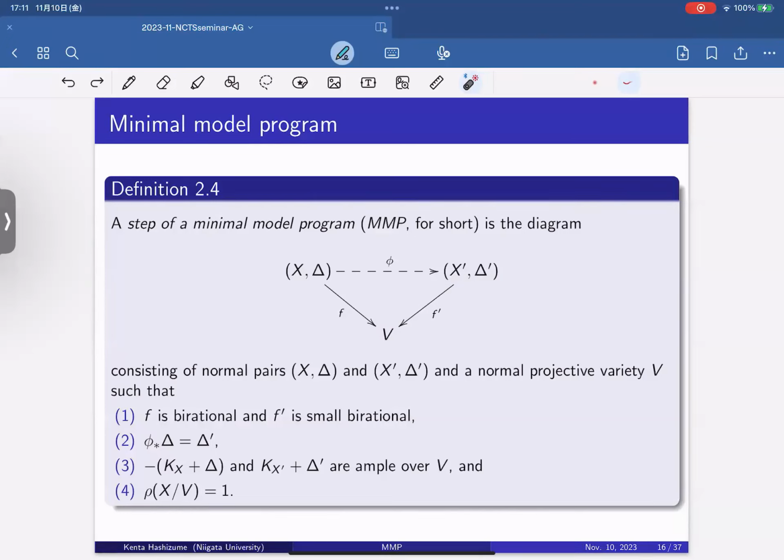The first condition is that f is birational, and f prime is birational and small. Here, small means that there is no exceptional divisor with respect to f prime. The second condition is that the birational transform of delta is equal to delta prime.